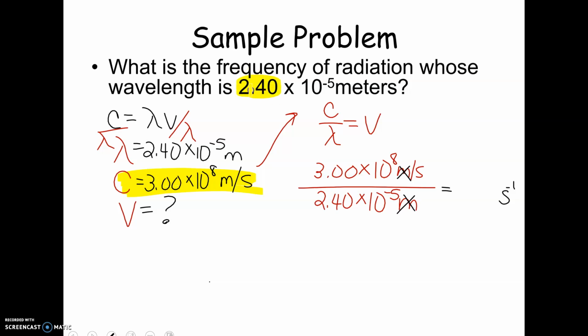So if you remember how sig figs work, 2.40 has 3 significant digits. All of the digits in a number that's in scientific notation count. So there's 3 significant digits in our original number, and that means there should be 3 significant digits in our answer. And so we're simply going to divide, and again, this relies on you remembering how to do this in your calculator, either with the caret or with the E or EXE button.